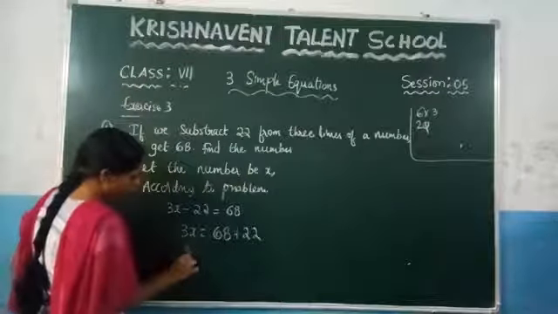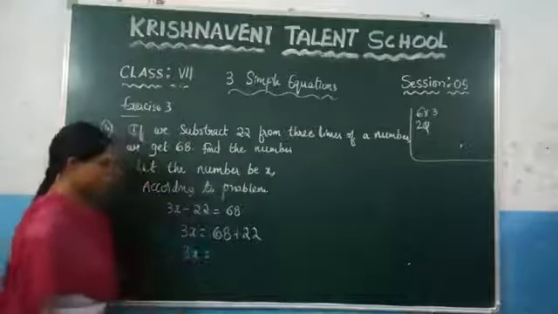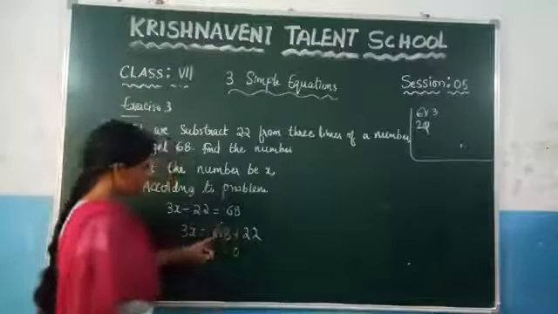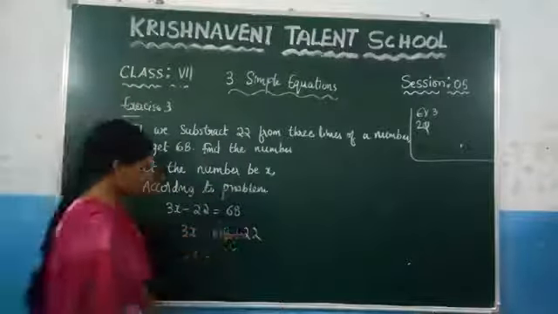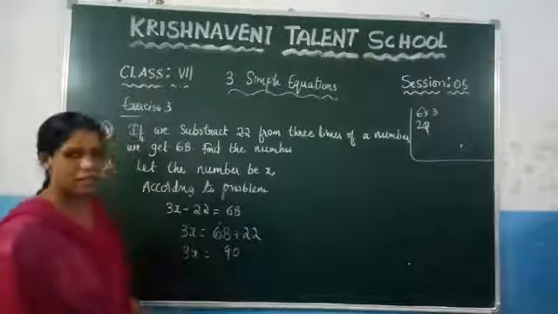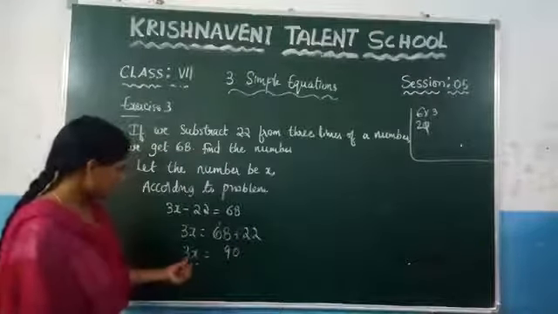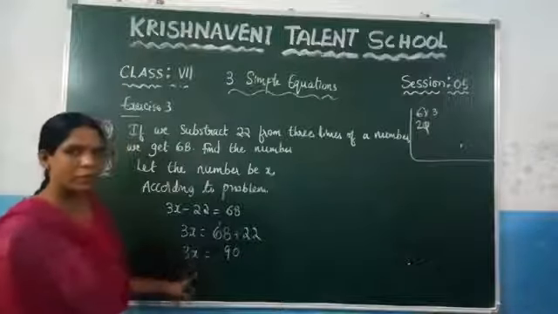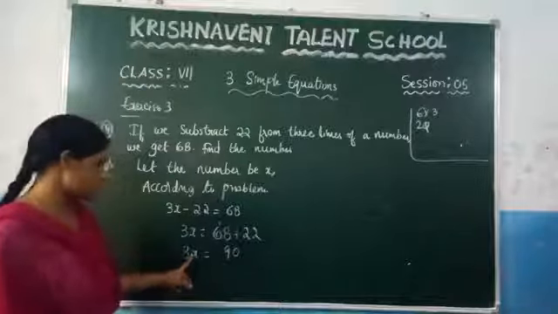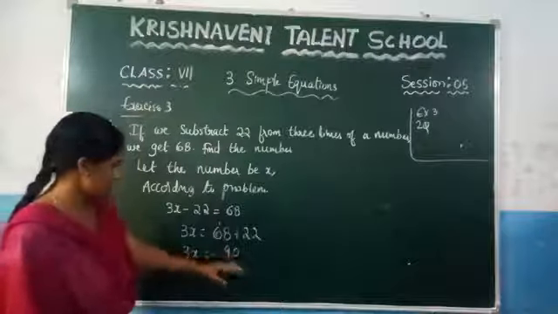What is the value of 68 plus 22? You know that 8 plus 2 gives you 10, 0, carry 1. 6 plus 1 is 7, 7 plus 2 is 9. Right? So you are getting here the answer, which is 90. What we are doing here, 3 and x, multiplying 3 into x. What is the meaning of 3x, 3 into x? Since multiplication is there, if you take this 3 to this side, what will it become?